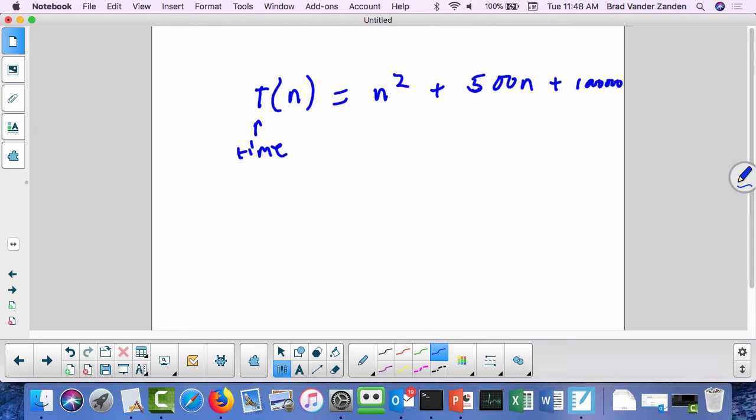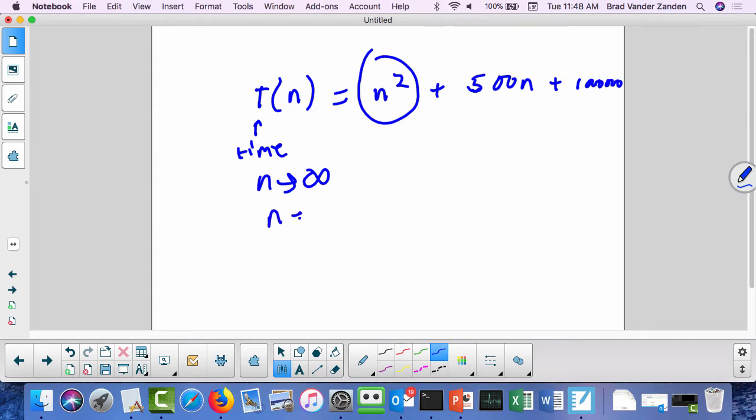But as n approaches infinity, what is the only term that matters? N squared. As n approaches infinity, n squared will easily eclipse 500n and 1 million. As big as 1 million looks, it's certainly big. For n equals 10, the dominant term is a million.